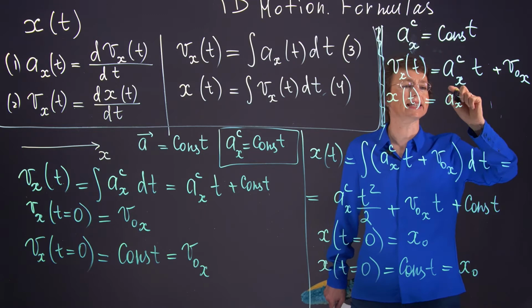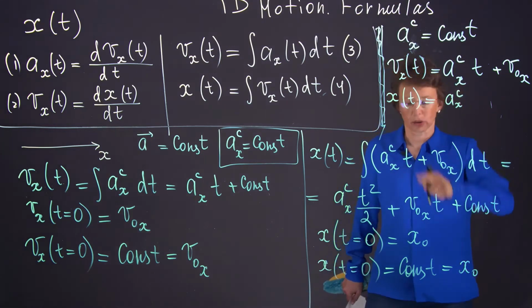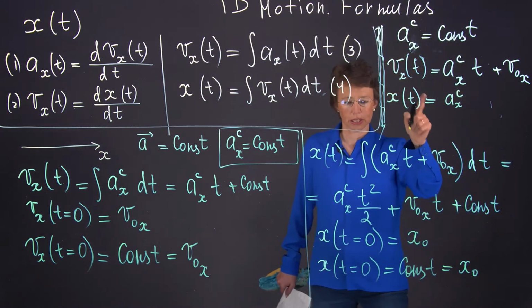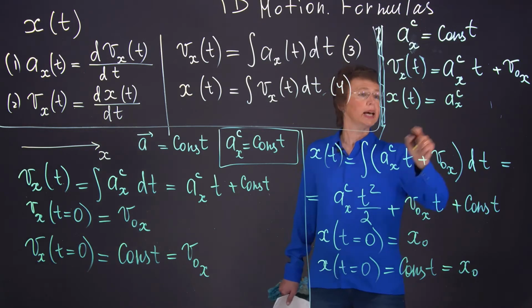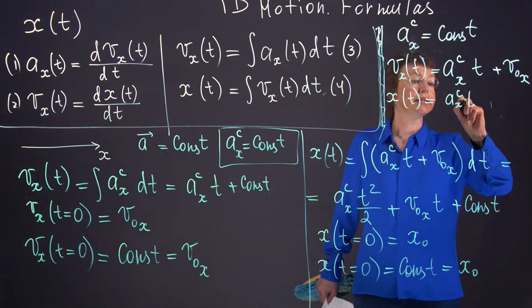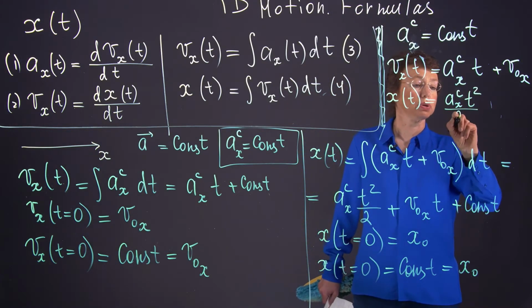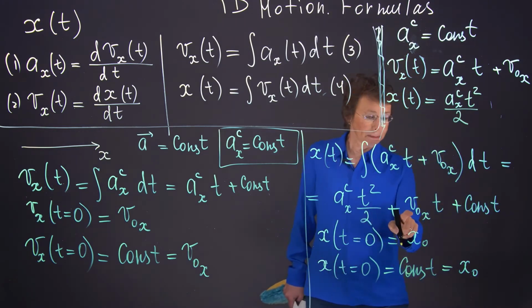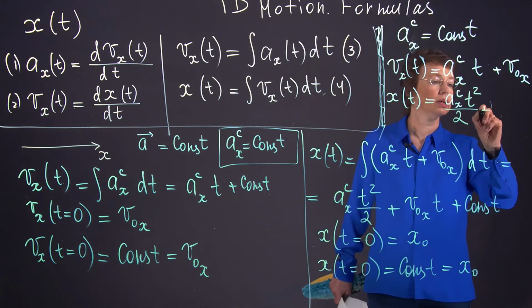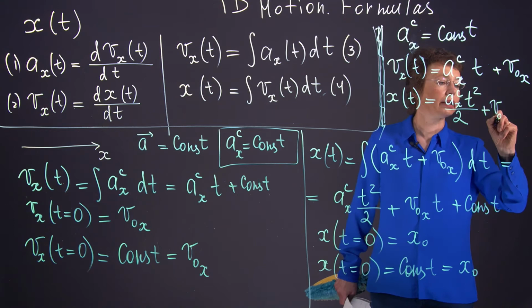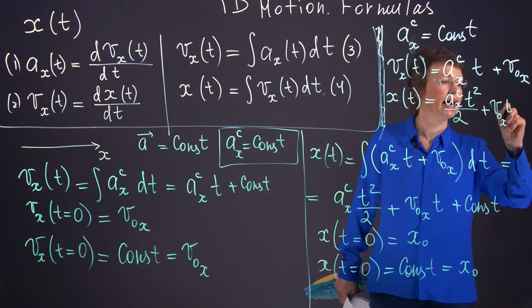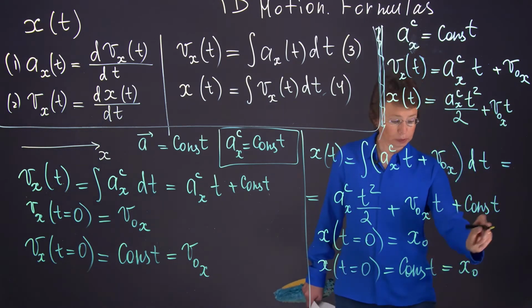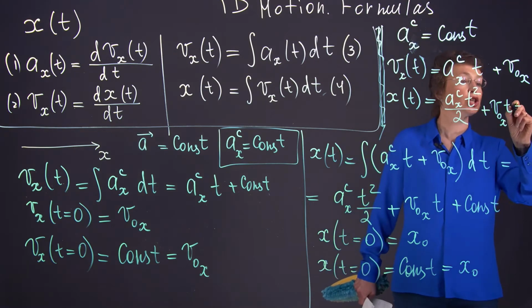I keep c to emphasize over and over again that we can use this formula just for this specific case. a c t squared over 2, plus v naught x times time, and plus constant, which is x naught.